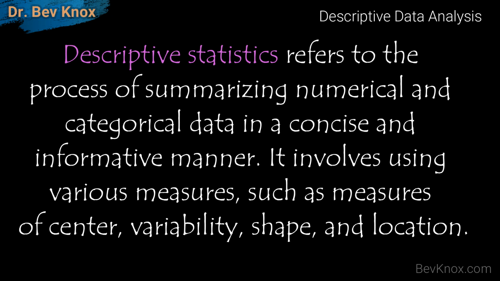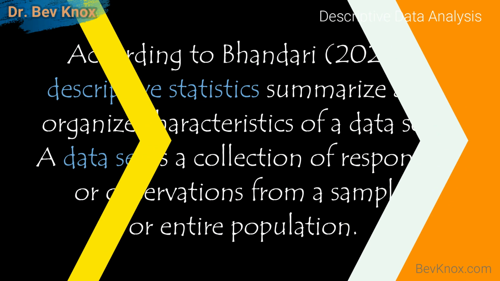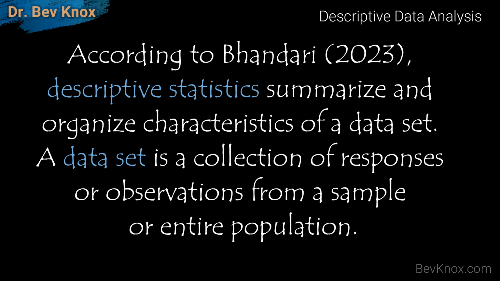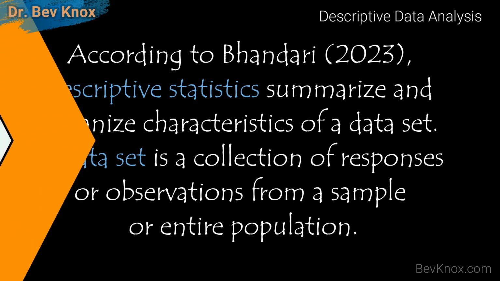It involves using various measures such as measures of center, variability, shape, and location to describe key features of the data. Descriptive statistics summarize and organize characteristics of a data set. A data set is a collection of responses or observations from a sample or entire population.